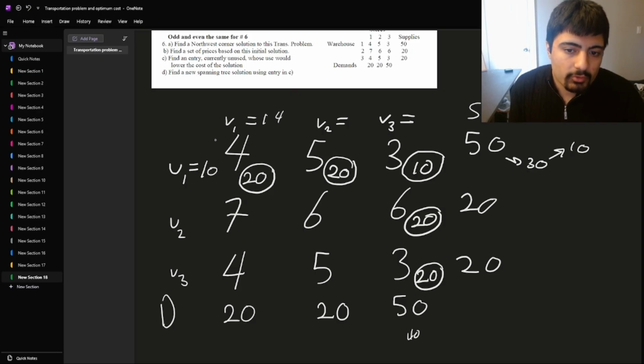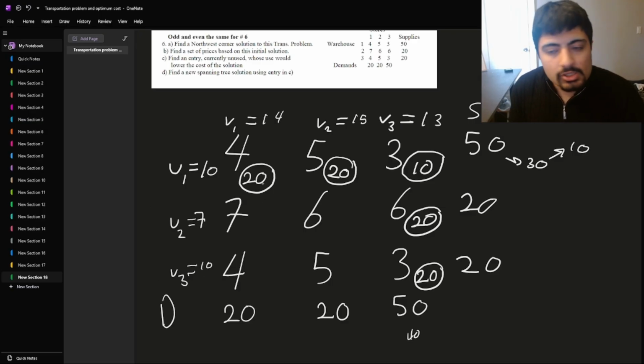So V1 will be 14 because 10 plus 4 is 14. U1 is 10 and the price is 5, so V2 will be 15, and 10 plus 3 will be 13. And U2 and U3 can come from the same logic. We're going to subtract 6 from V3 to get 7 and do the same thing and get 10. So these are the variables we're going to work with.